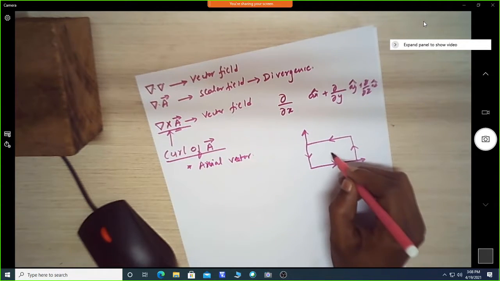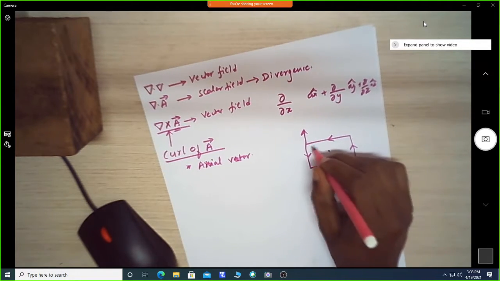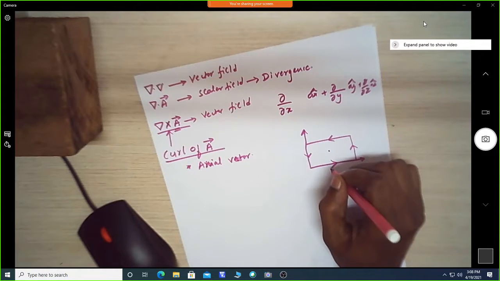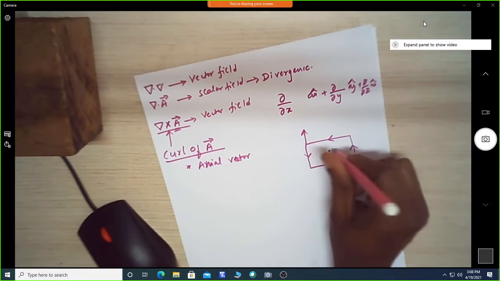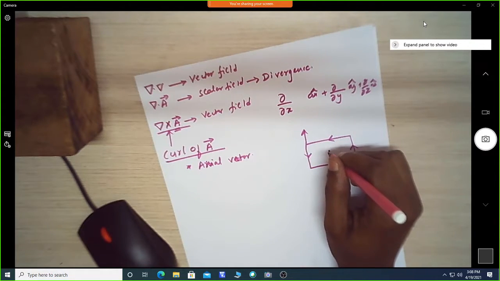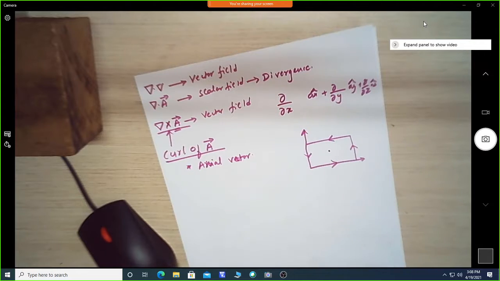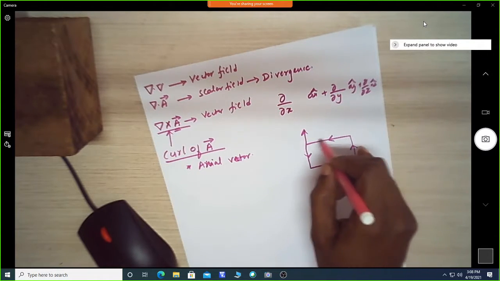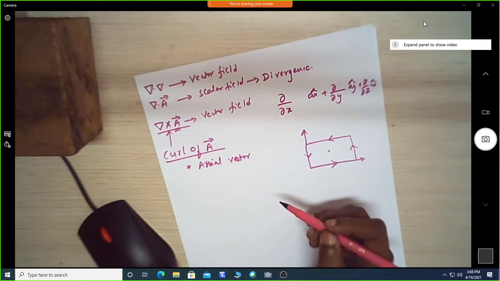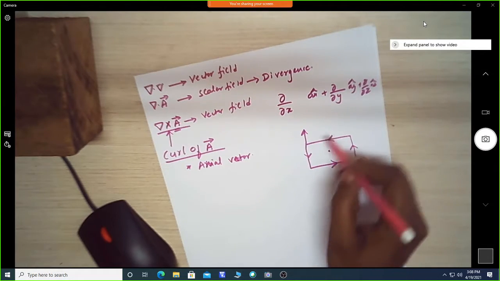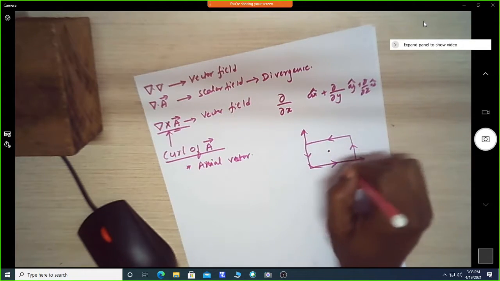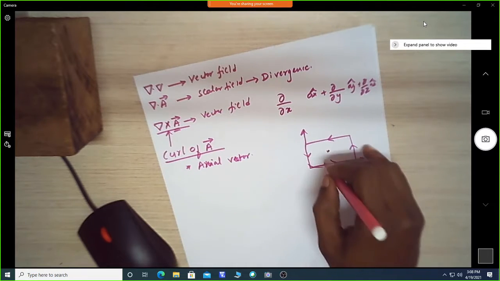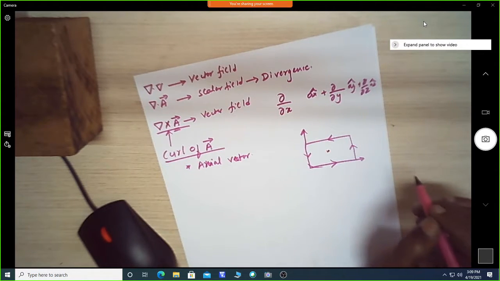If I have a vector normal to this closed line, passing axially through this closed line integral, perpendicular to it, that is what is called an axial vector.